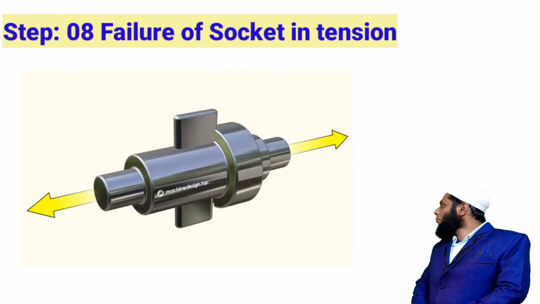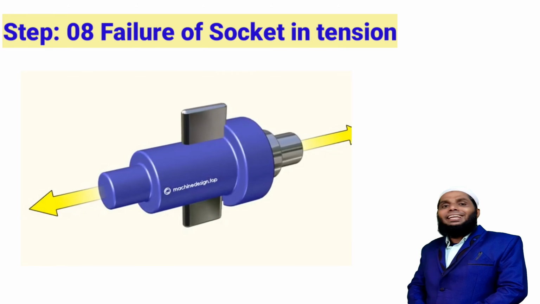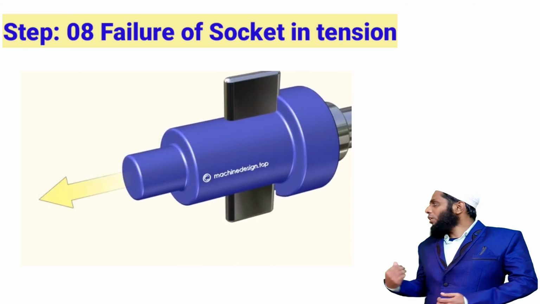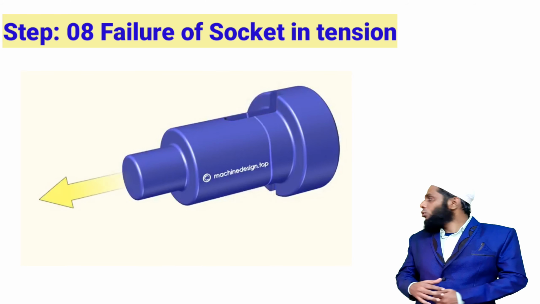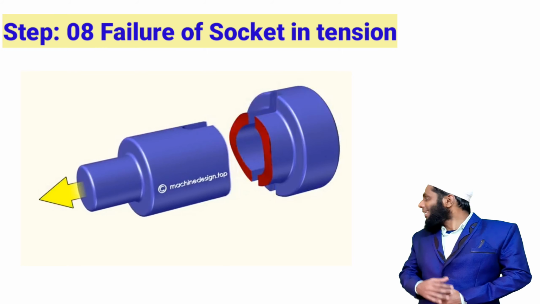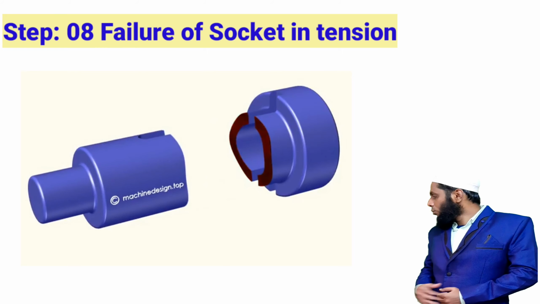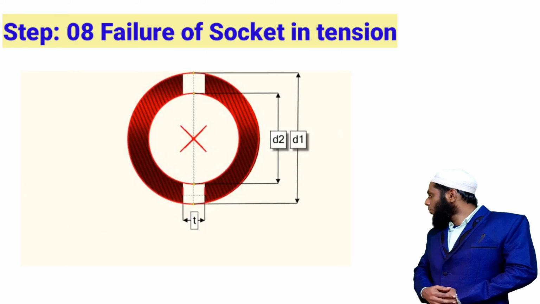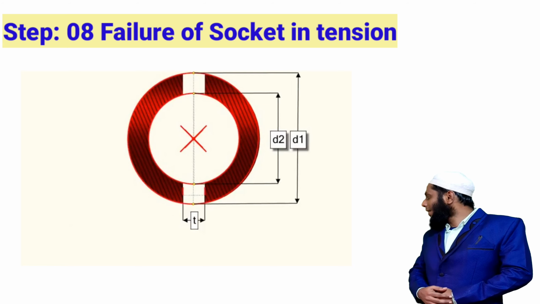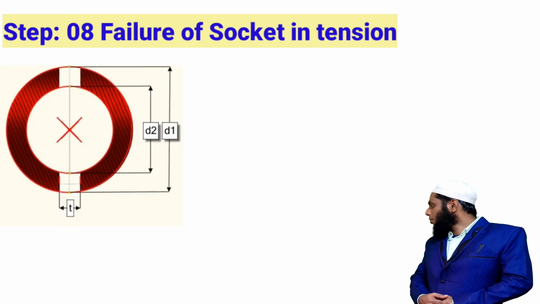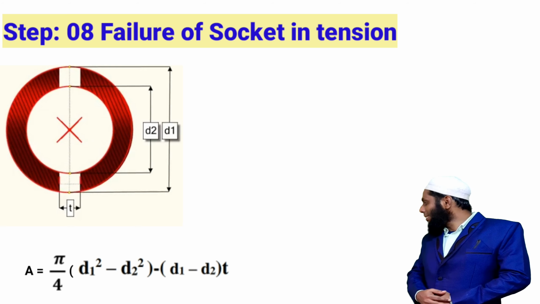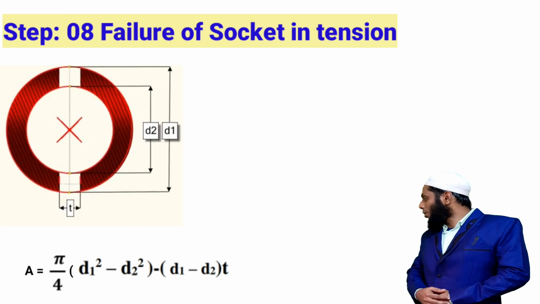Step number 8 is failure of socket end in tension. Because of tensile load P, the socket is going to fail in tension at the slot. You can view this area. So the area of that socket end in tension is the outer area minus the inner area, then minus the areas of two slots.